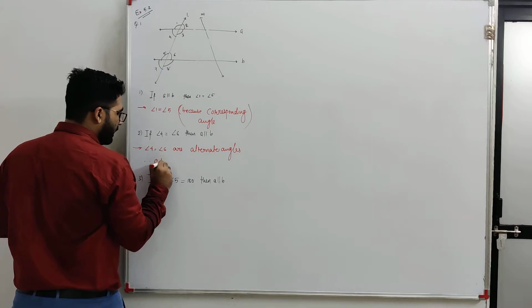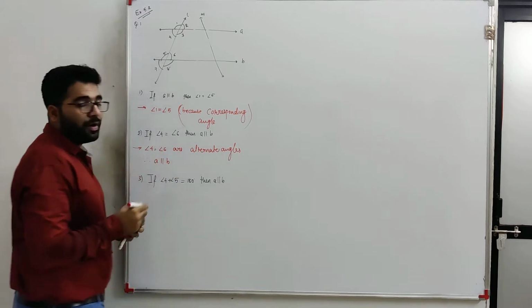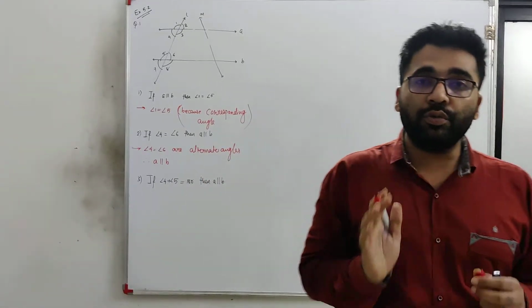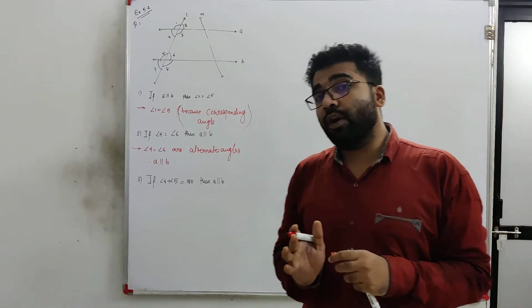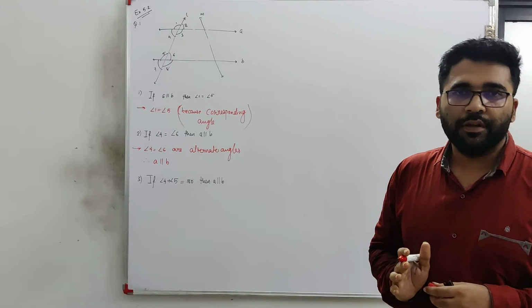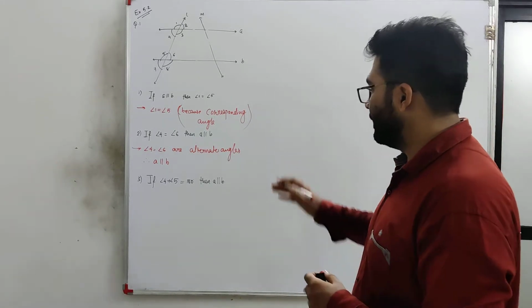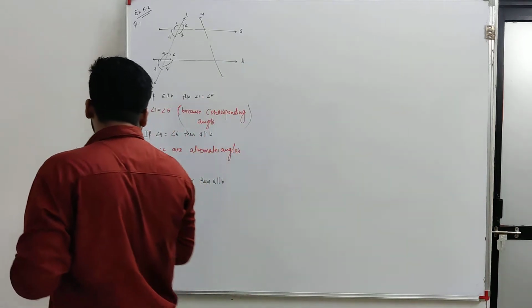Therefore A is parallel to B. As I have said, when two alternate angles are equal for two lines intersected by a transversal, then both lines are parallel to each other.